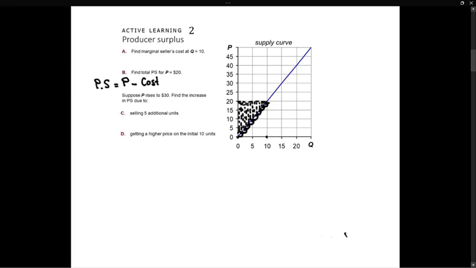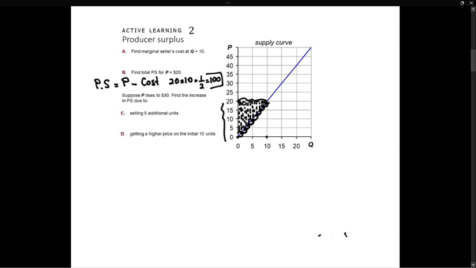The producer surplus would be the area of this black triangle. We know that we have 20 on this side and we have 10 on the other side, and we know how to calculate the area of a triangle, and that would be 20 times 10 divided by 2, 100.